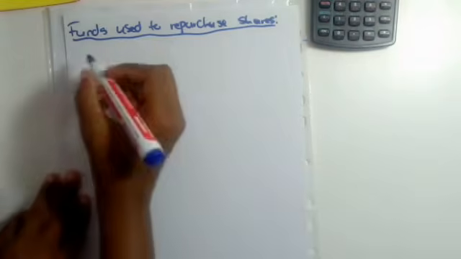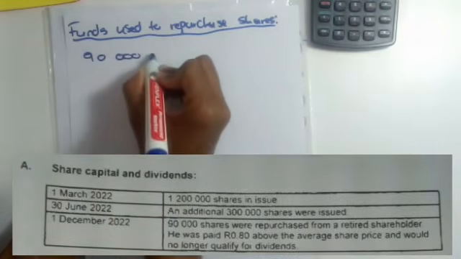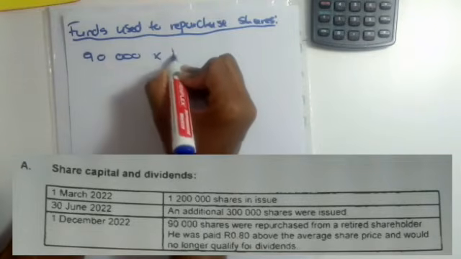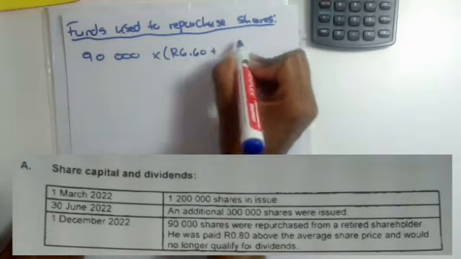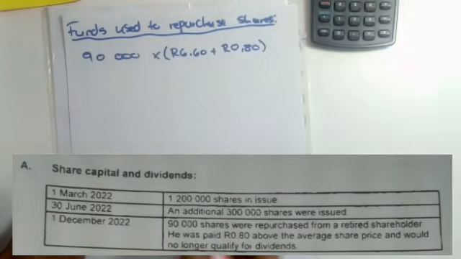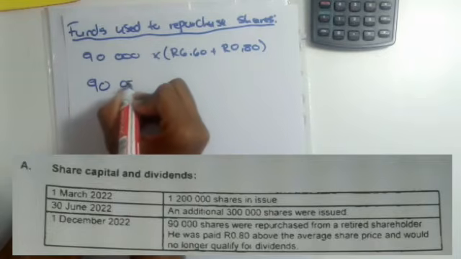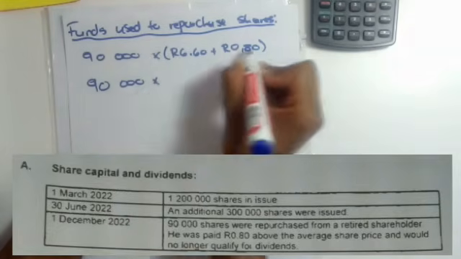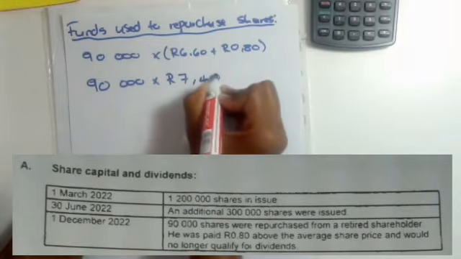And the shares that were repurchased, there were 90,000 of them, and they were purchased at that average price of 6 rand 60 plus 80 cents. That one that they said was above average price. So 90,000 multiplied by, you put this in your calculator, and it should give you 7 rands and 40 cents.